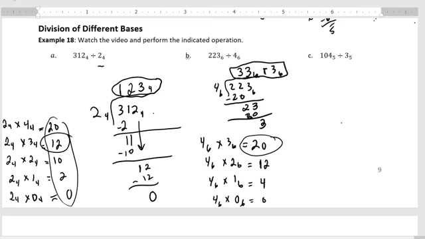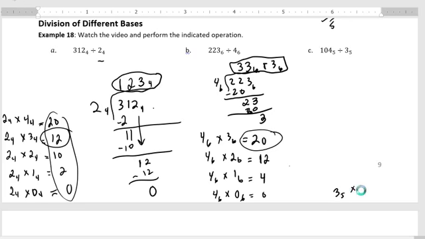Okay, the last one. 3 base 5 times 1 is 3. 3 base 5 times 2 is 11. 3 base 5 times 3 is 9. So if we divide by 5, we get 14. Times 4 is 12.